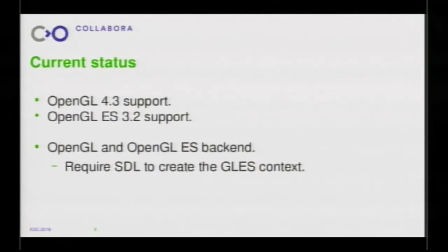For the backend, we have GL and GLES, but for GLES, we are stuck with SDL because we need to create a GLES context on our host. All that code is currently upstream, so qemu, Mesa, Virglrenderer, everything is upstream, and you can use it if you want to.